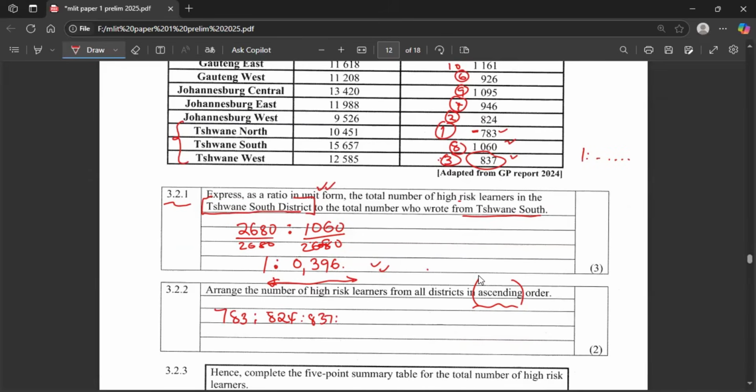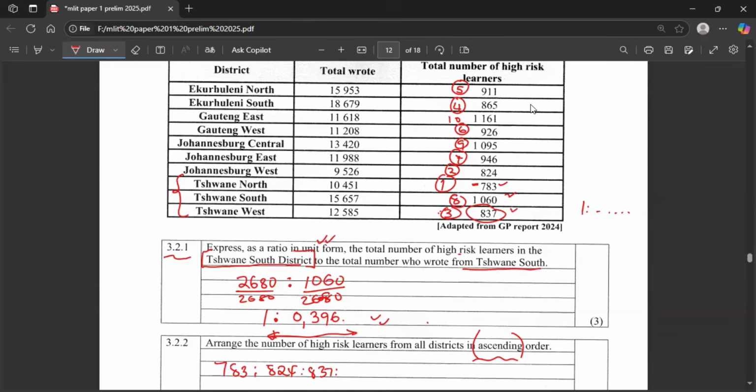Then number 4, where's number 4 for us? It's 865. Number 5 is 911. Number 6 is 926. Number 7 is 946. Number 8 is 1060.